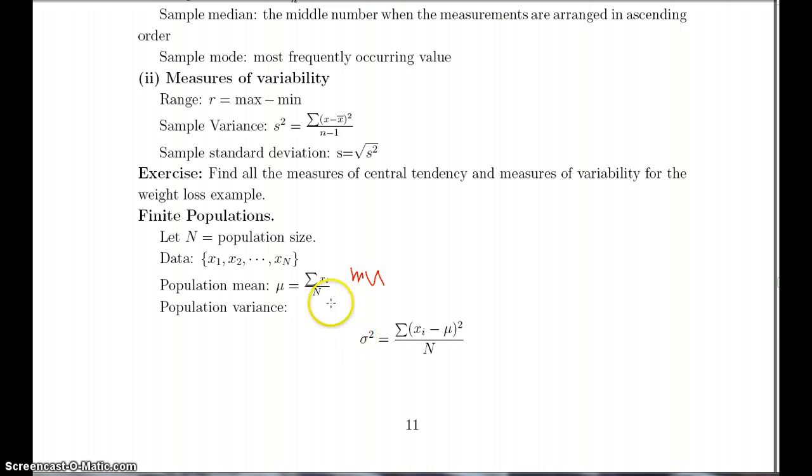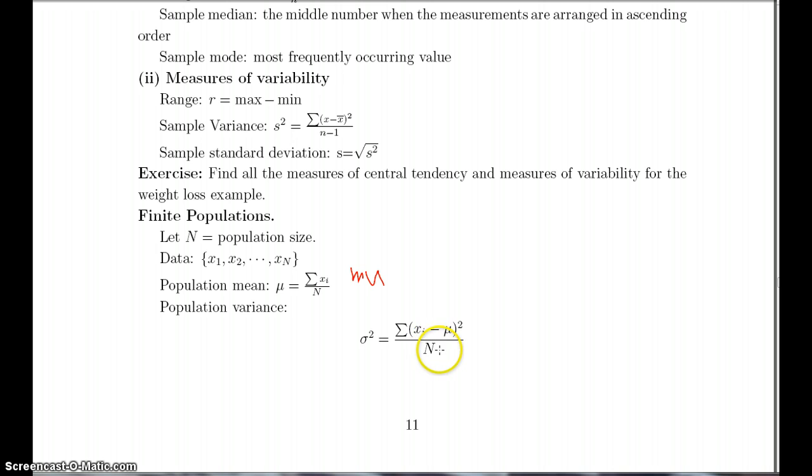Also, if I want to find the variance for this data, which is the whole population, I take x minus mu now. I didn't take x bar because I know what mu is. So it's the deviation from the mean. I square the deviations, add them up, and divide by n, my population size, not the sample size.